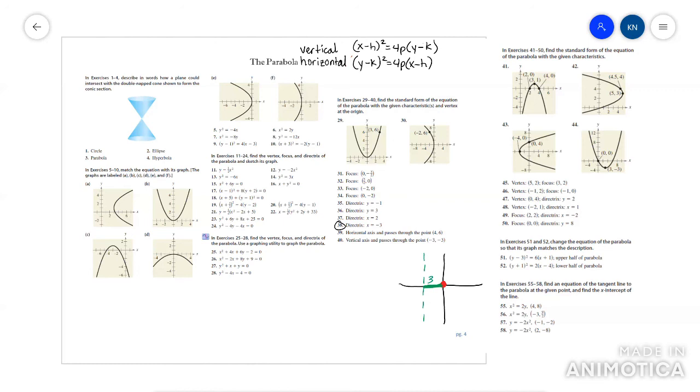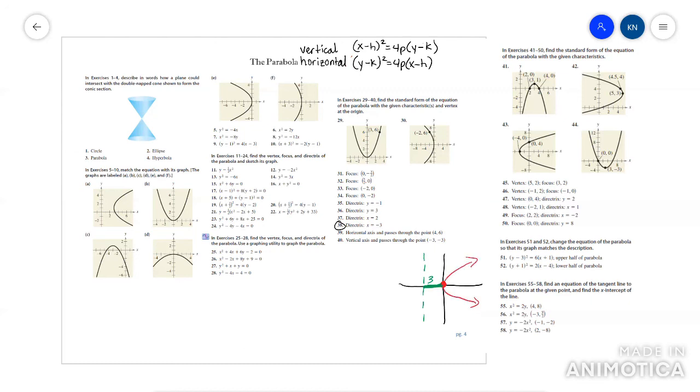And so just by knowing that, I know that this parabola would have to open to the right because the parabola cannot touch that directrix. So if you open it any other direction, like down, then you just hit the directrix. It doesn't work like that. So that means it has to open to the right.